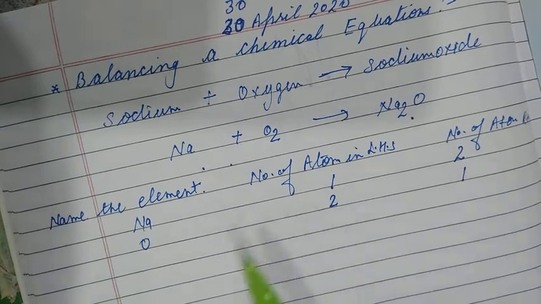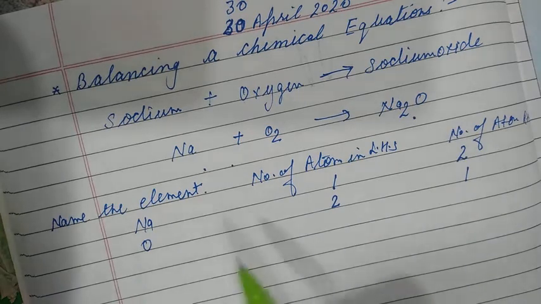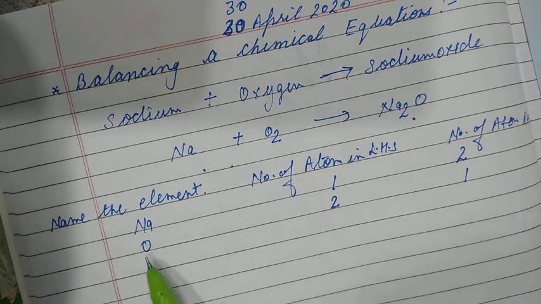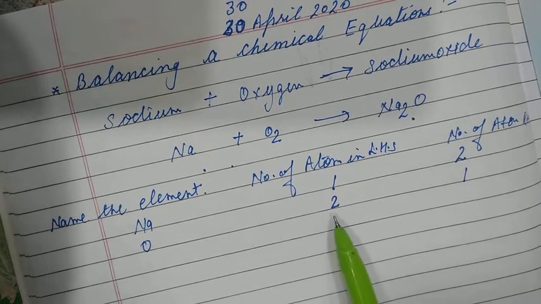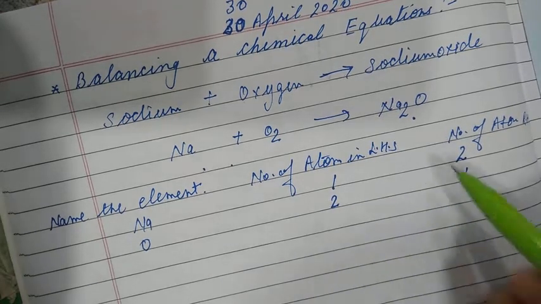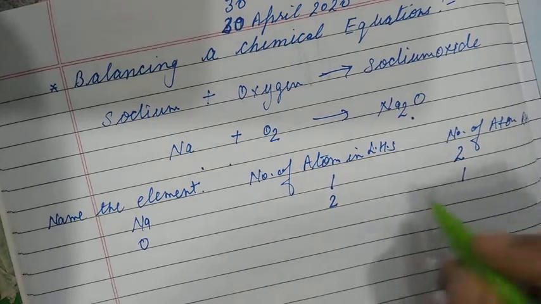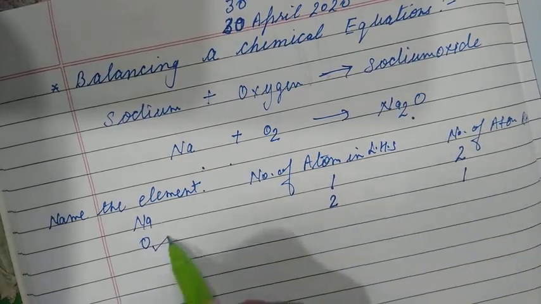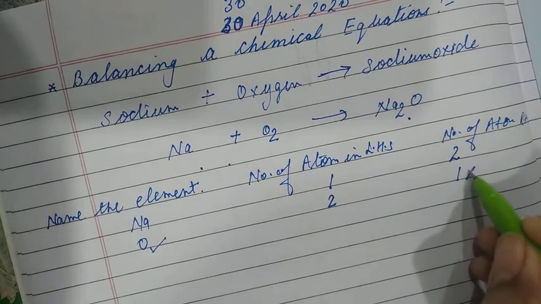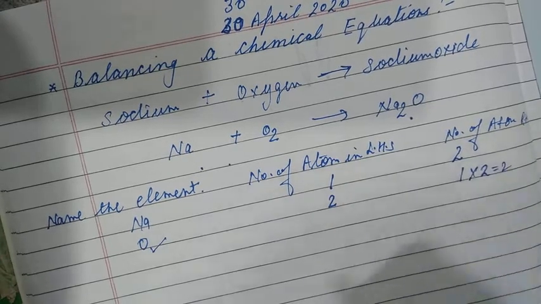If we talk about the oxygen atom, there are 2 atoms on the LHS side. So what will we do for balancing? Here there is only 1. So students, first we take the oxygen. 1 multiplied by 2. Now set.